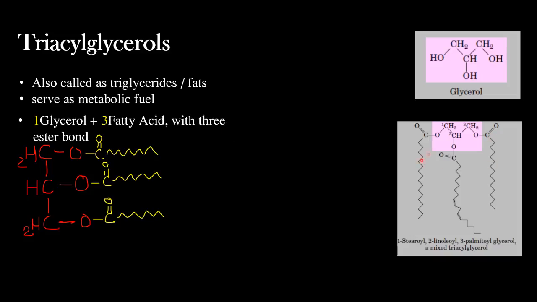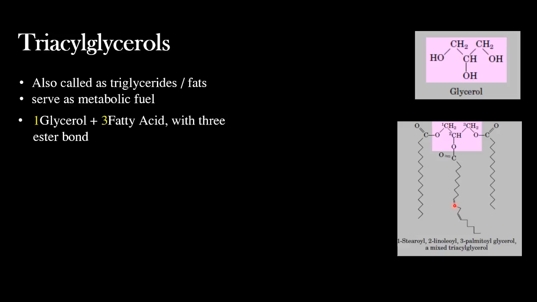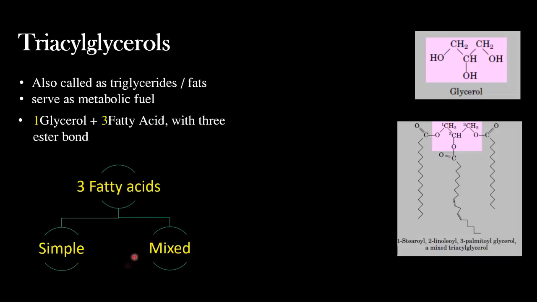And according to the types of fatty acids, the glycerides are divided into two, simple and mixed. If the three fatty acids are the same, then they are simple, and if the three fatty acids are different, then they are mixed. Here in this picture, all three fatty acids are different, right? So this glyceride is a mixed triglycerol.